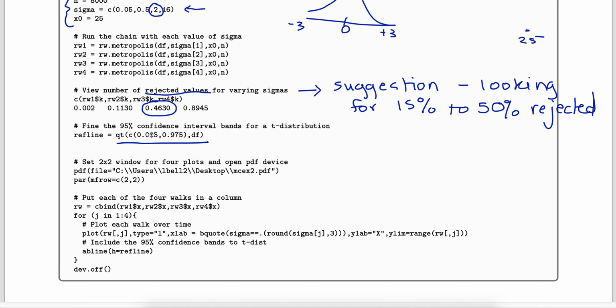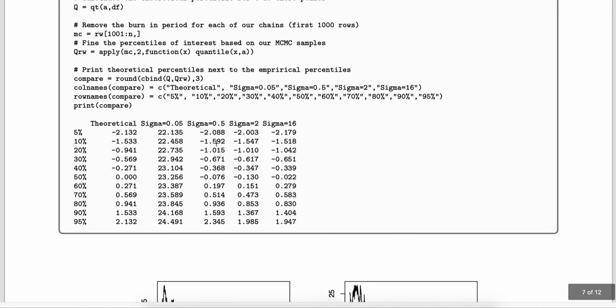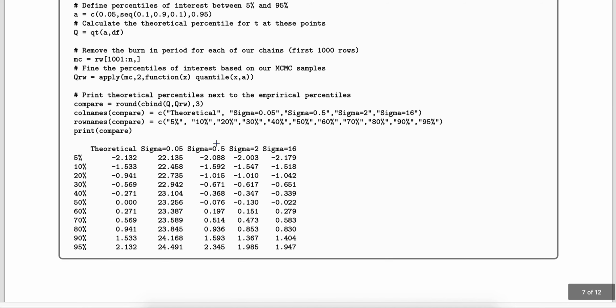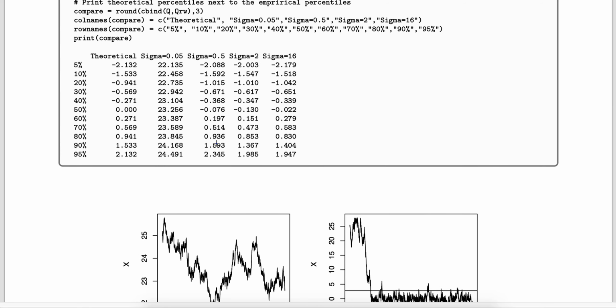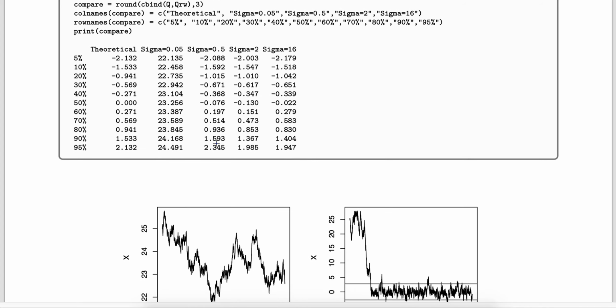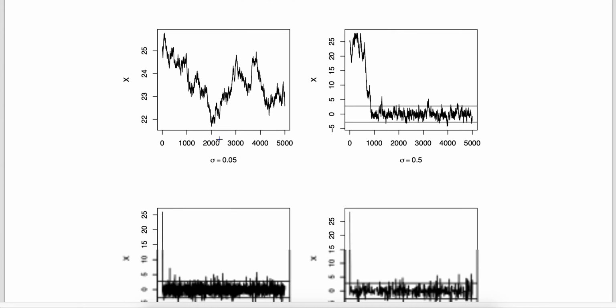So hopefully our chain should live mostly within those. All right, so let's take a look at the chain here. Again, I'm going to skip over a little bit of the code since you guys are familiar with that. And let's look at first the plots of our results.